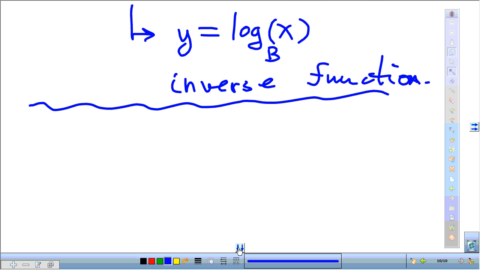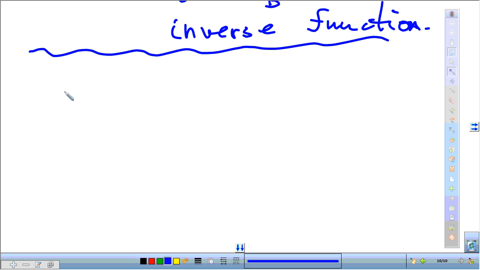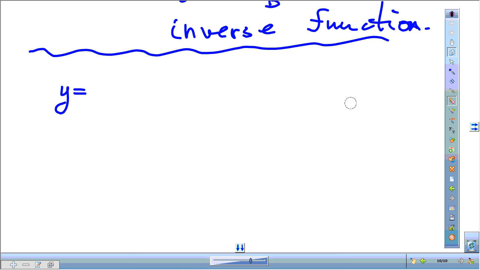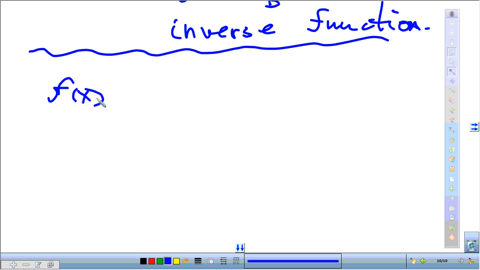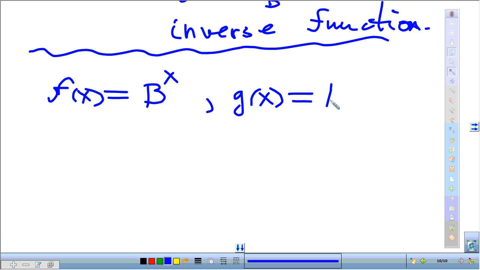So we have the two functions: the exponential, some base with exponent x varying, and the other one is log with the same base of a variable x.